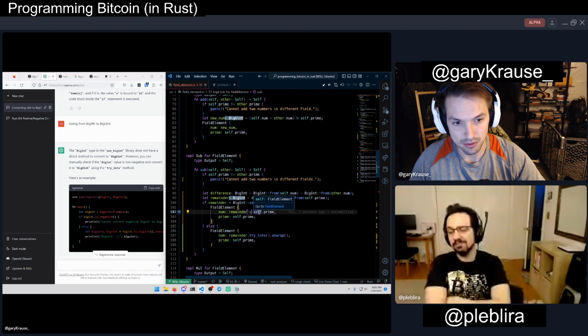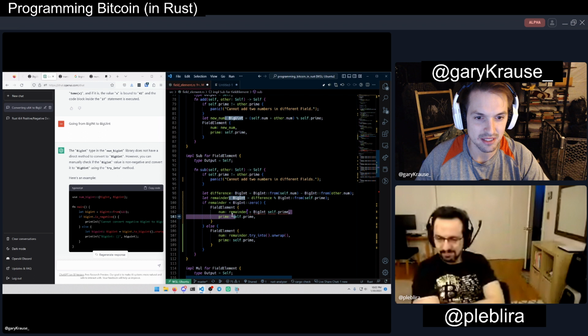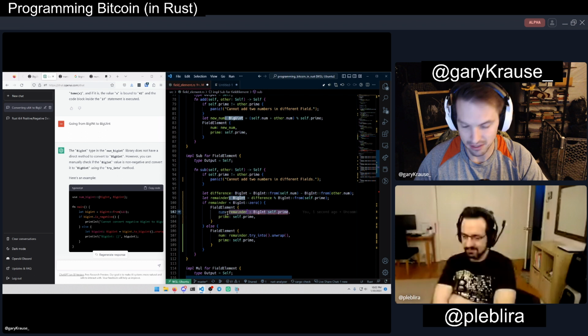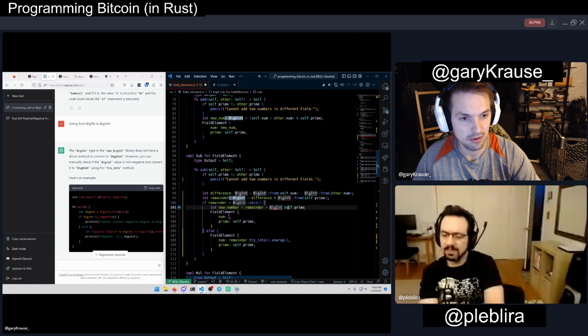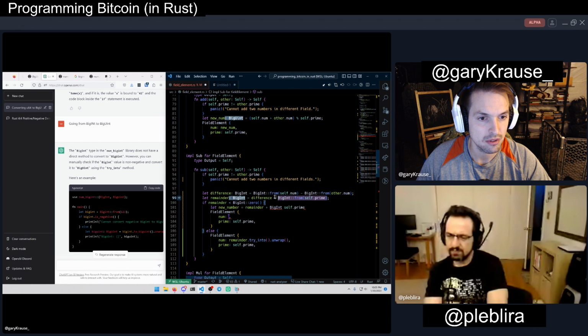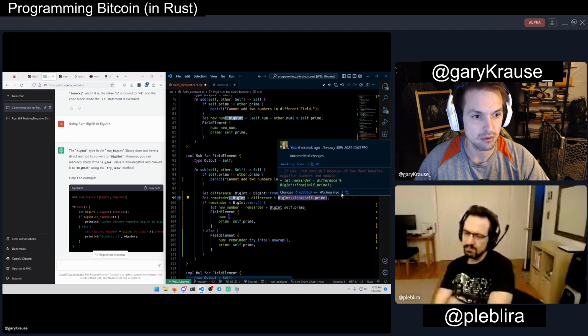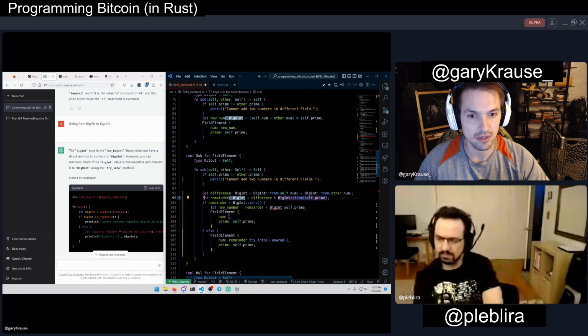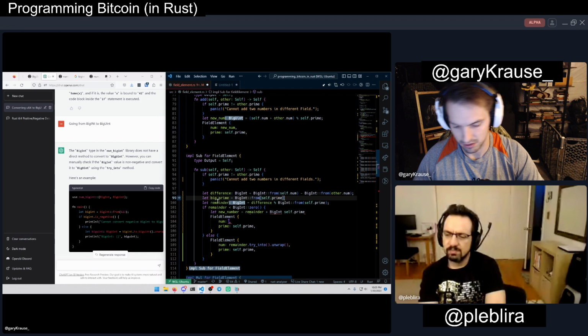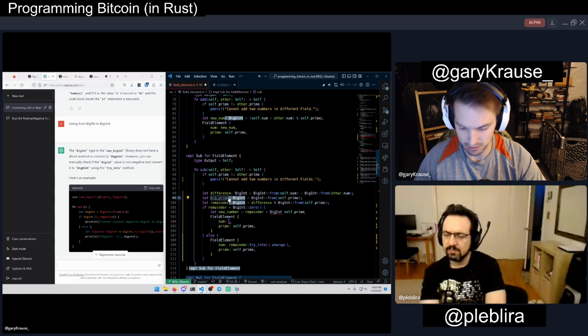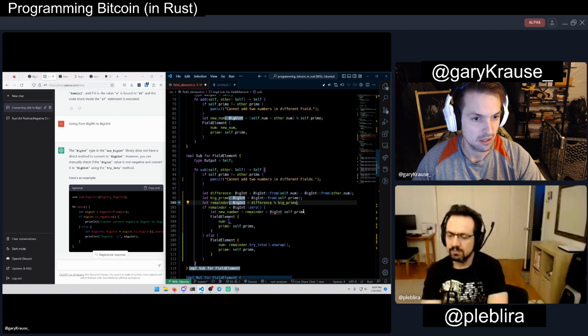Let's not do this inline here. Because we're going to do this too, we're going to create a new variable just to make this easier. Like this. And then we can reuse this variable here and here.